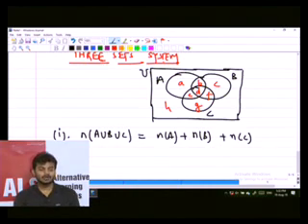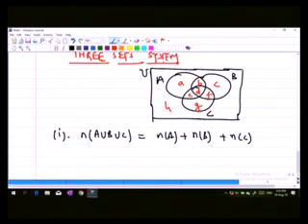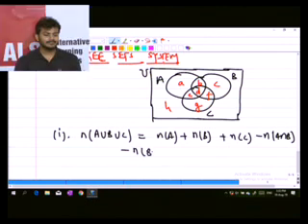We add all the sets A, B, C, then I will subtract. What do I subtract now? I will subtract A intersection B, then after AB it will be BC, and then finally C intersection A.